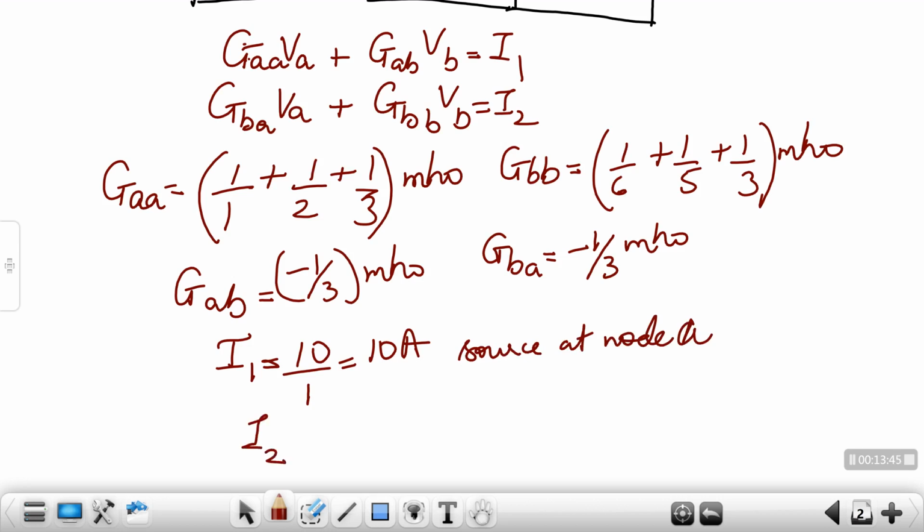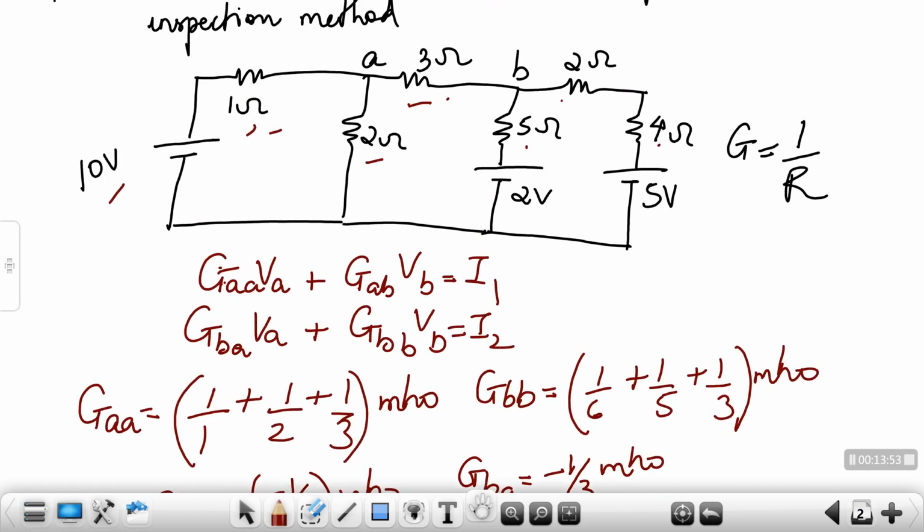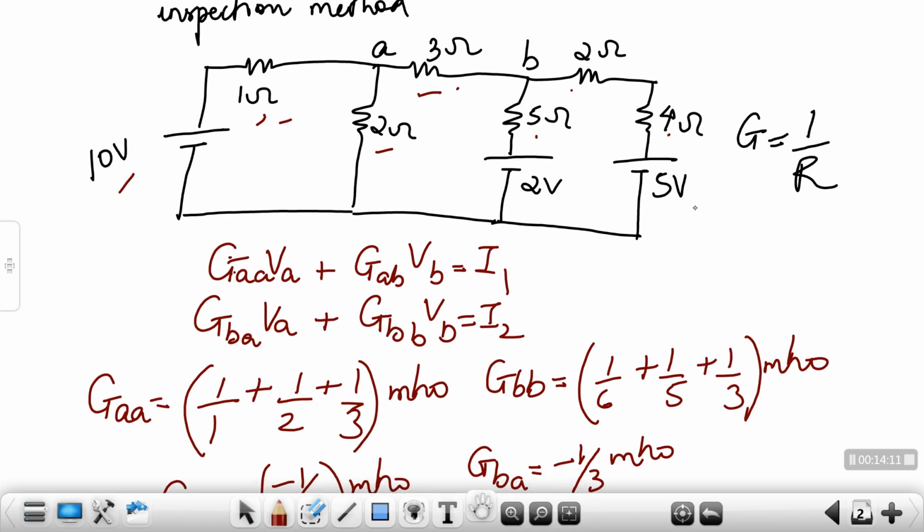Similarly, what will be I2? I2 will be 2 upon 5 plus 5 upon 6. How do you get 5 upon 6? 5 volts upon 6 ohms plus 2 volts upon 5 ohms.